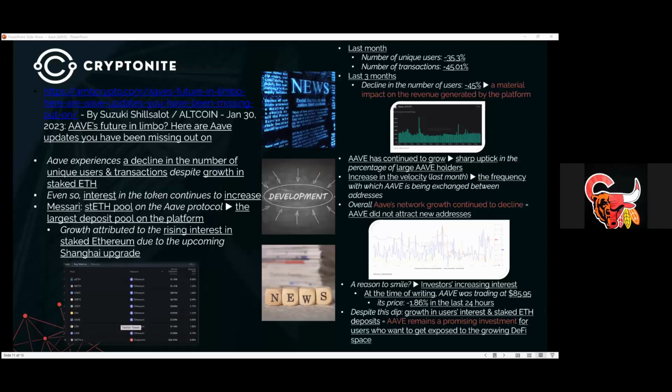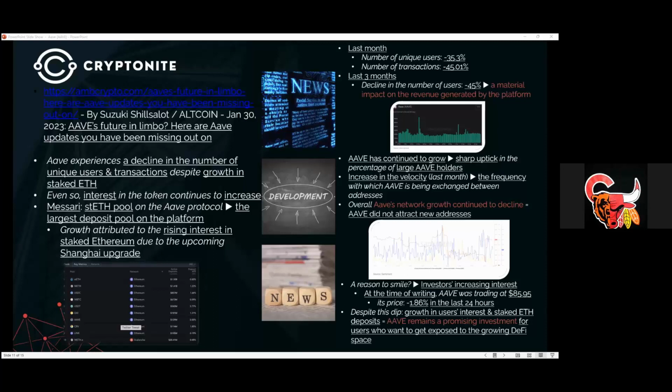Number of transactions is down 45%. But also we have to realize that the prices went up, sharply up. So that may be why less people are borrowing. Usually it's more in the sideways market that we should see that. So it's important to keep an eye on what's going on.